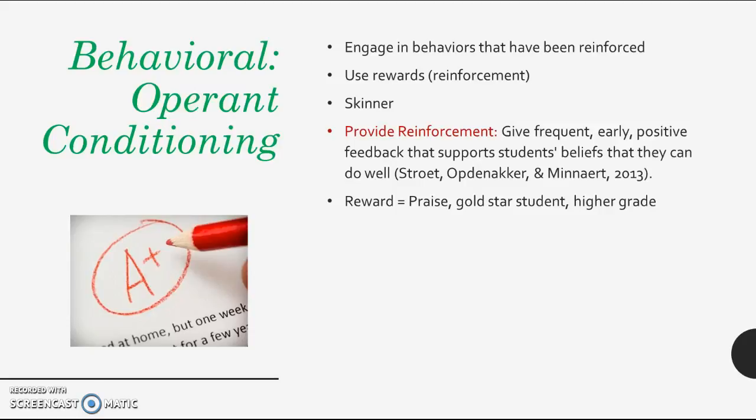Different rewards that reinforce motivated behavior: we can give praise. We can give constructive feedback on papers. We can give higher grades, give A's to show that the student put in a lot of effort, that we want to reinforce their motivation, reinforce their behavior.